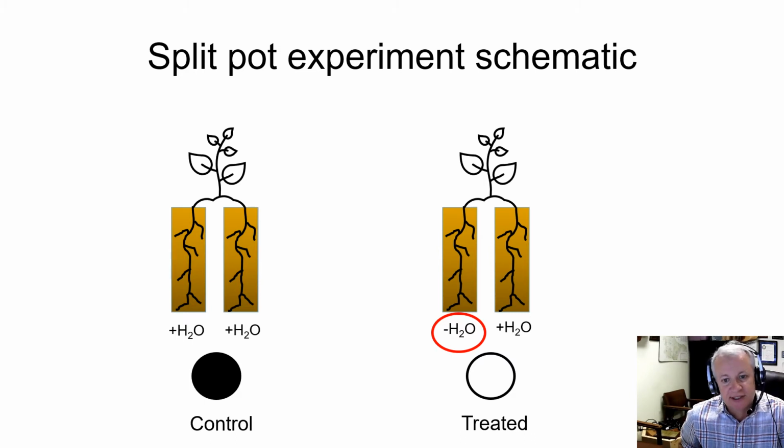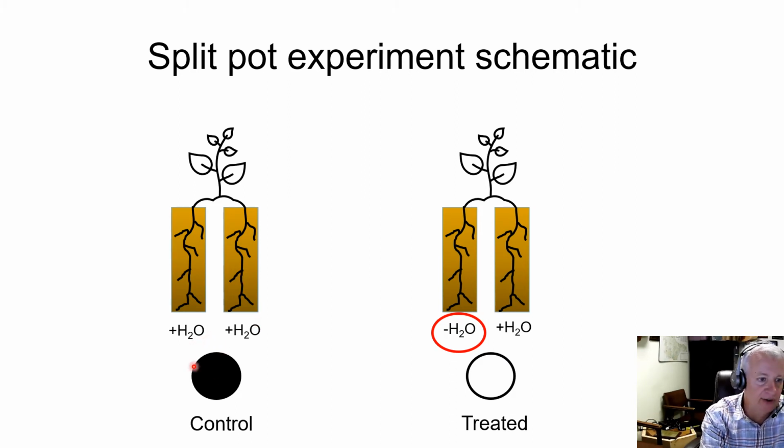Stomatal resistance or stomatal conductance also responds to hormones, often generated in the roots. And this was demonstrated in some clever experiments that used a split pot setup. The way this worked is shown in this diagram, where we have a plant here, and the root system has been split and placed into two separate pots. So it's been trained to grow into two separate pots.